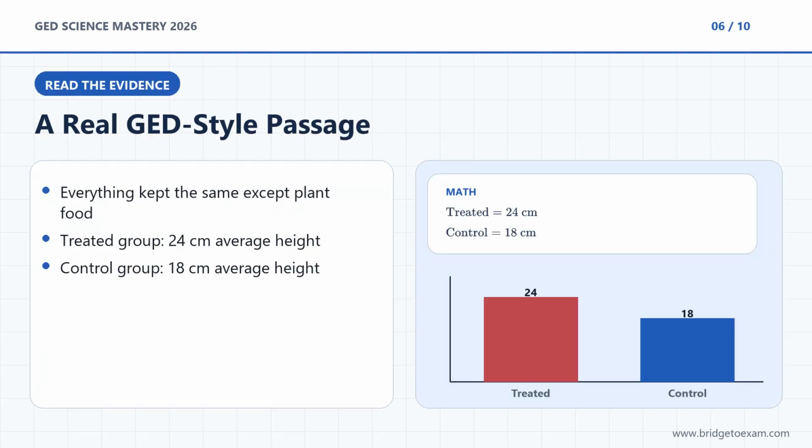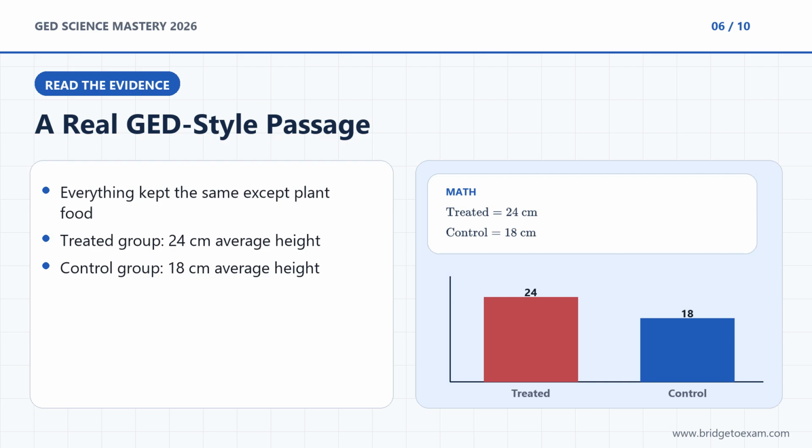Let's read a passage built just like the real test. A gardener wanted to know if a plant food helps tomato seedlings grow. She grew 20 seedlings the exact same way. Same pot, same soil, same water, same sunlight. Then she gave plant food to 10 of them, the treated group, and no plant food to the other 10, the control group.